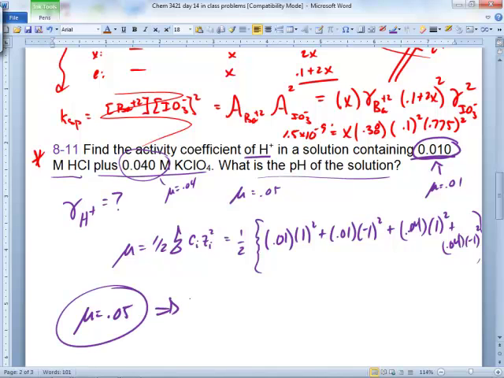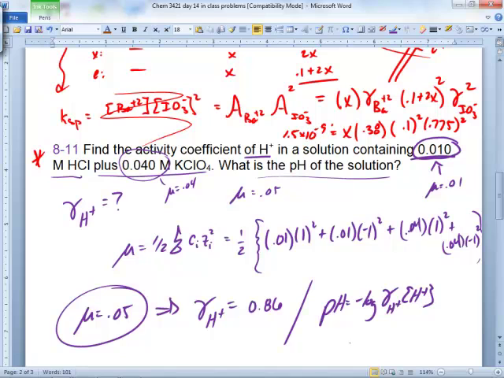So that means that our activity coefficient is, what is it? 0.86. Okay, so we have that. What's the pH? Negative log of the activity times the concentration. 0.86 times what's my hydrogen ion concentration? 0.01.